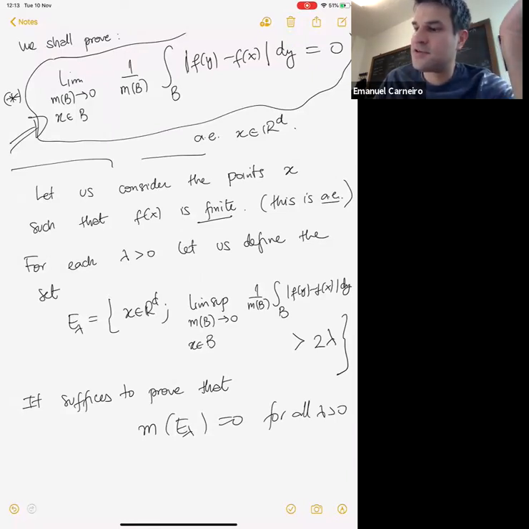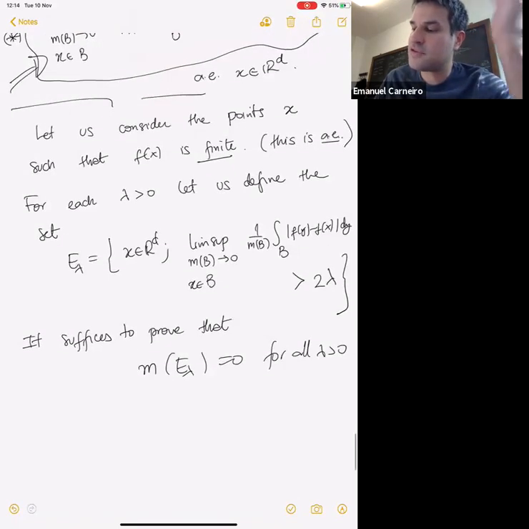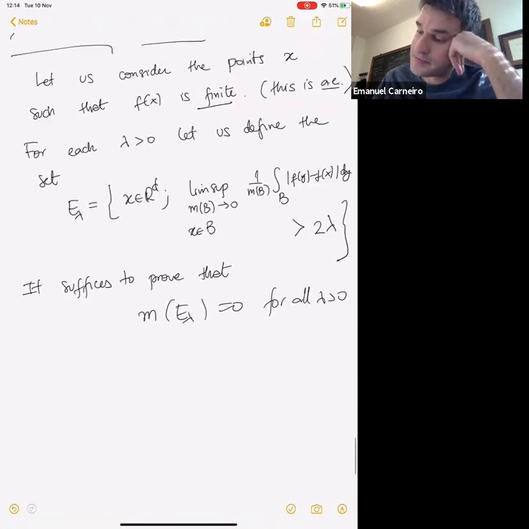If it's not 0 almost everywhere, then this lim sup will be positive on a set of positive measure for some lambda, right? So if I define E lambda as the set where the lim sup is bigger than 2 lambda, I have to show that the measure of all of these sets is 0 for all the lambdas.